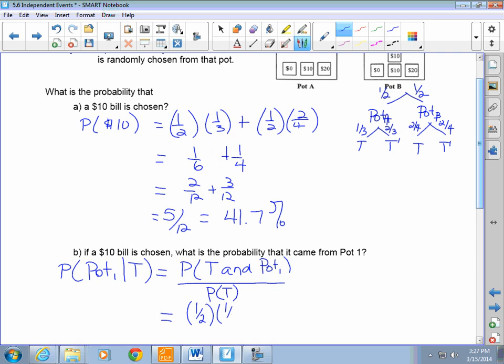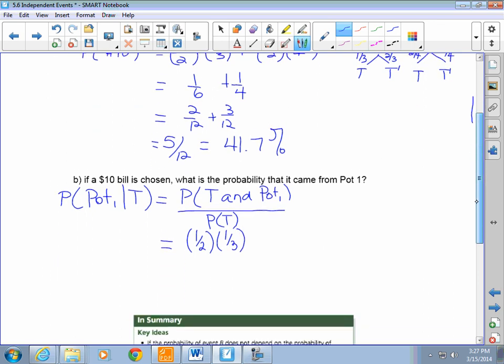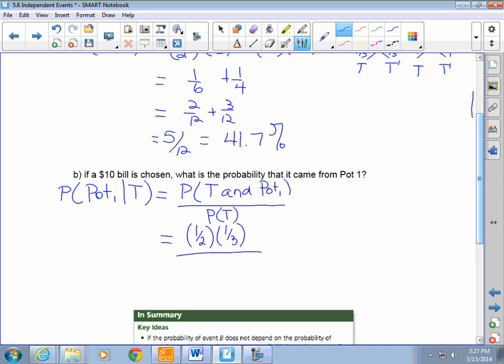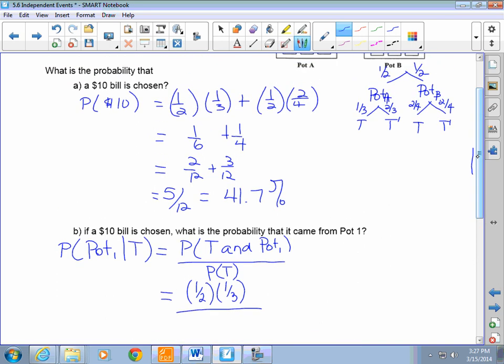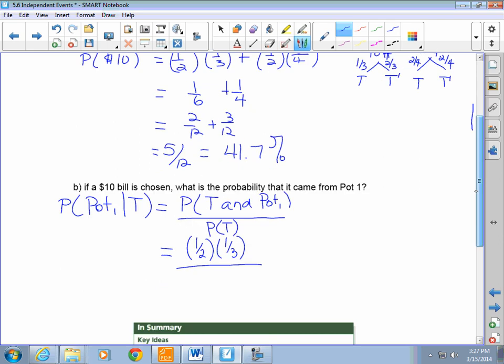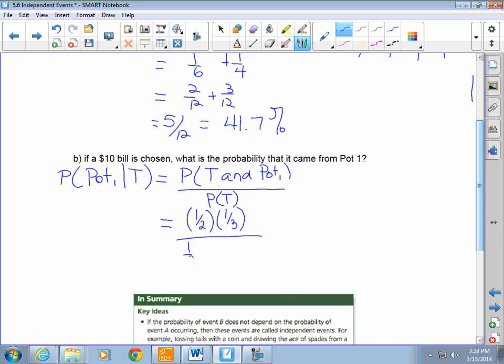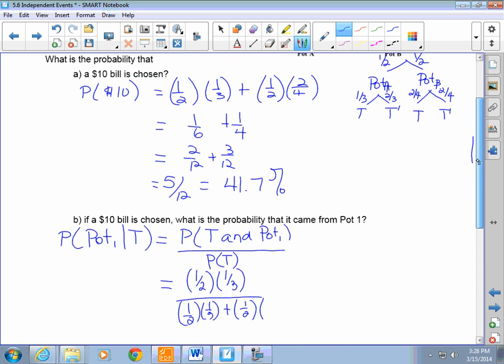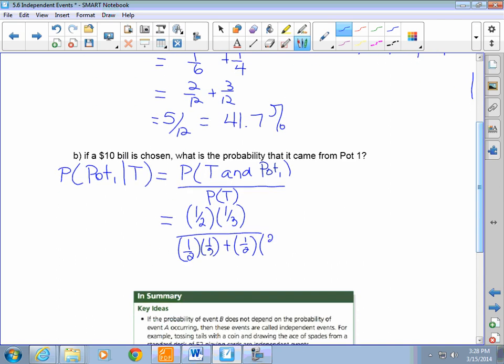a 1/3 chance of getting a $10 bill. So we have 1/2 times 1/3 for pot A, or 1/2 chance picking pot B times that 2/4 that it's a $10 bill.